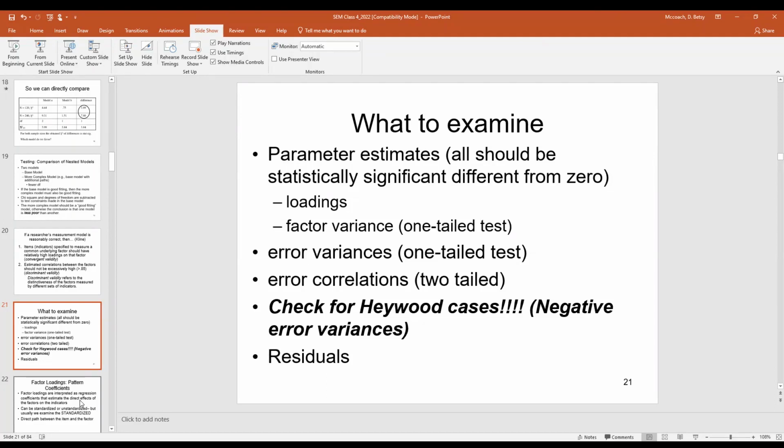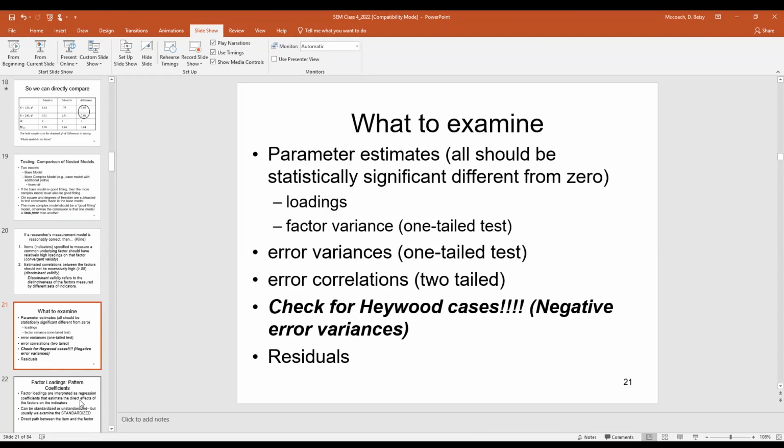And that's the first reason. But there's also another, maybe more technical reason that we don't want to see non-statistically significant error variances. We're using maximum likelihood estimation to come up with estimates of all of our parameters.